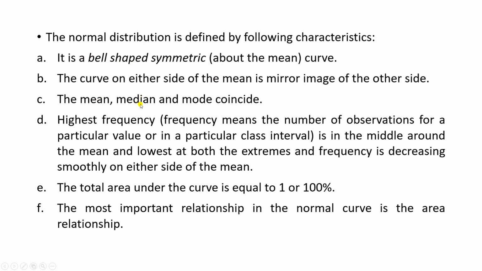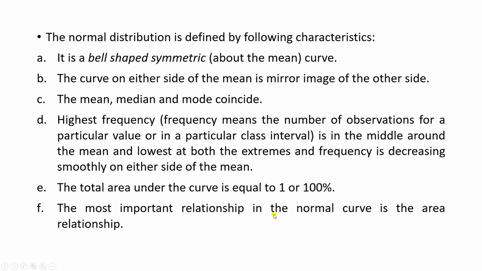The mean, the median and the mode will coincide. Highest frequency, that means the number of observations for a particular value, is in the middle around the mean, and the lowest at both extremes. The total area under the curve is equal to 100% or 1. It is not 1%, 1 as a whole.